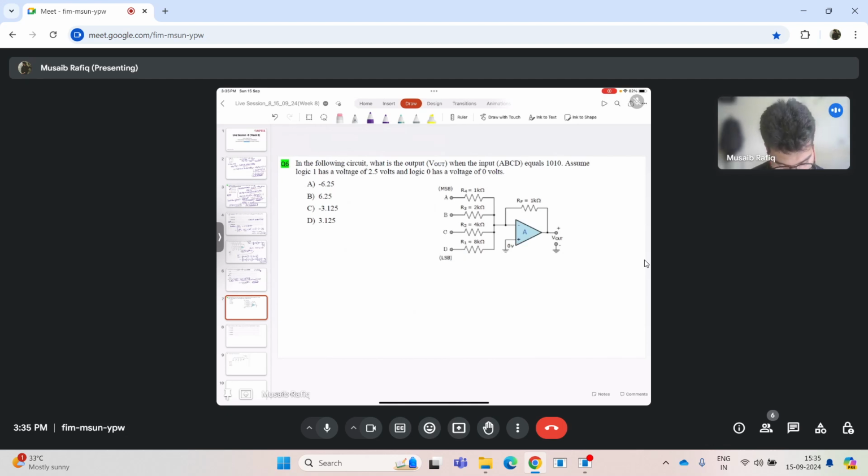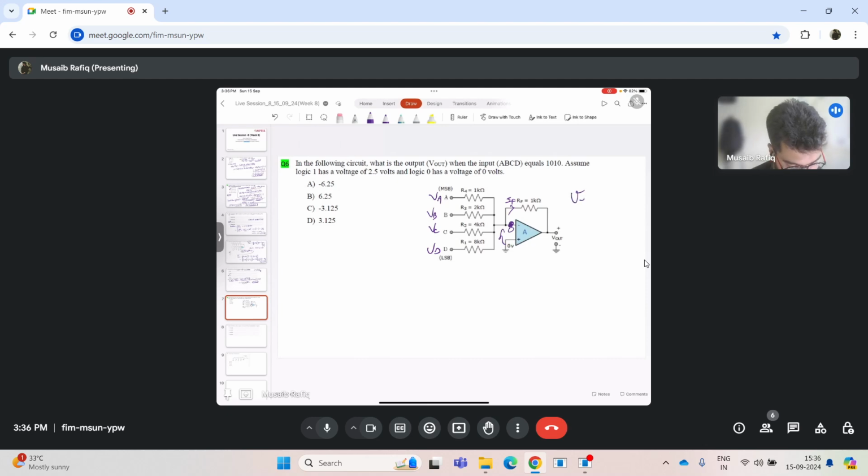So we have this question. Let's term these voltages as VA, VB, VC, VD, and the current going through this is IF. What will be the potential at this point? It will be zero because of the virtual ground. Now let's do the nodal analysis.